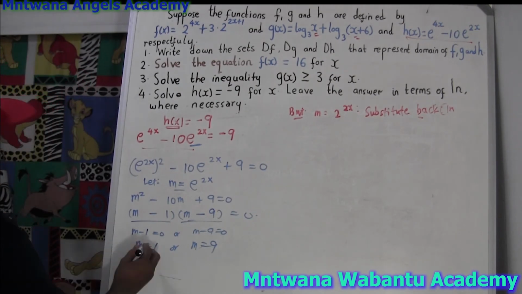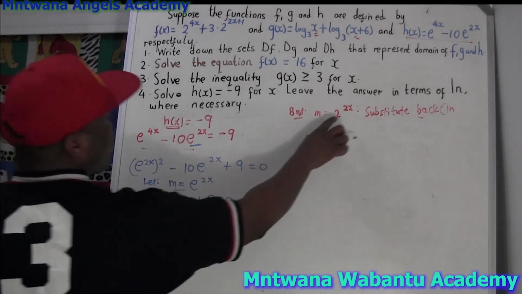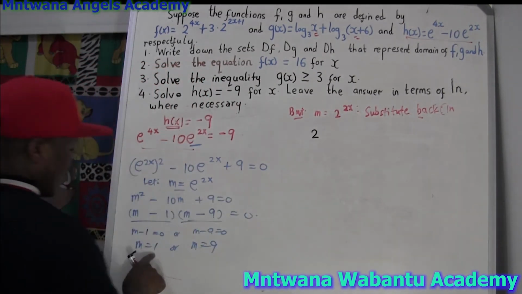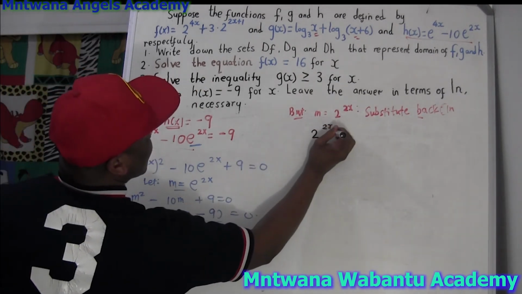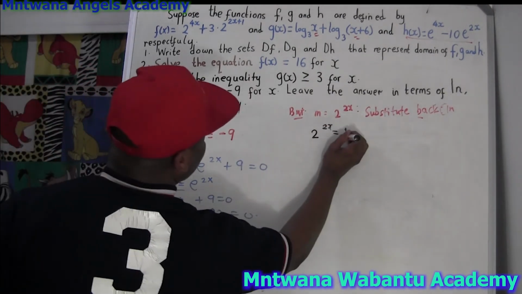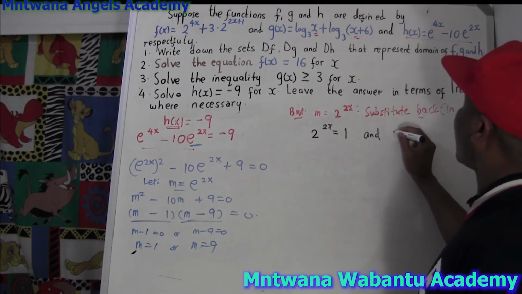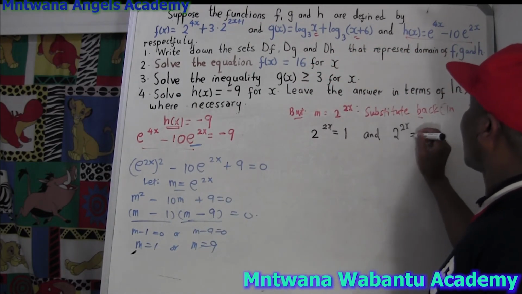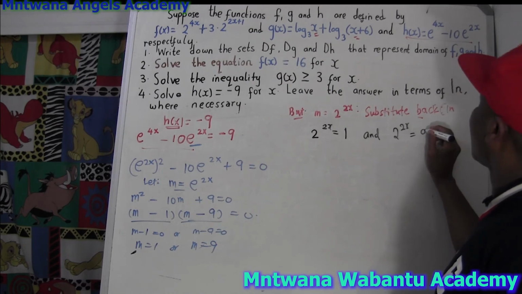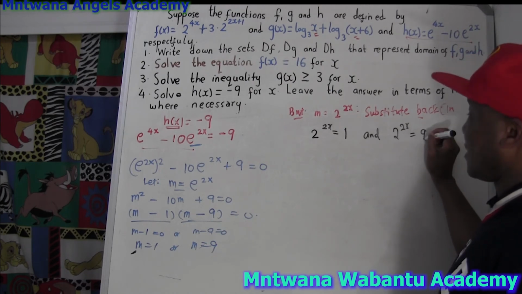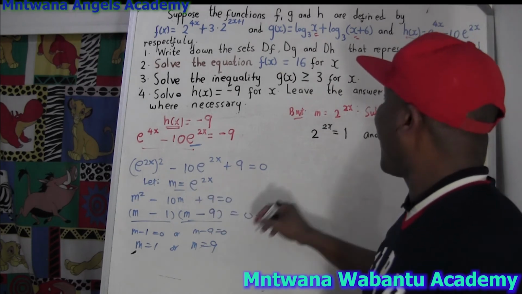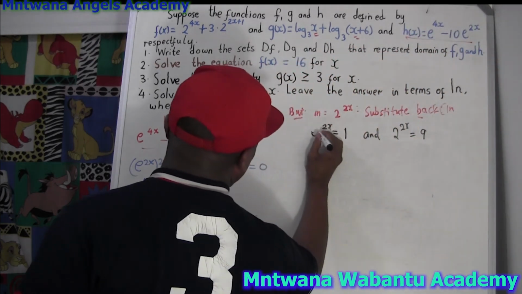Okay, cool. So now instead of m, we know the value of m. m equals e 2x. Now e 2x equals, we know this equals 1. And also m equals 9 means e 2x equals 9. No, come on, it's e, man. What am I doing? Oh my god.